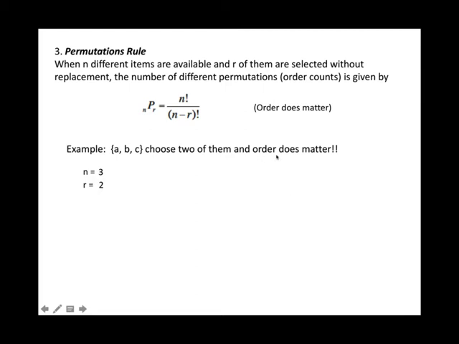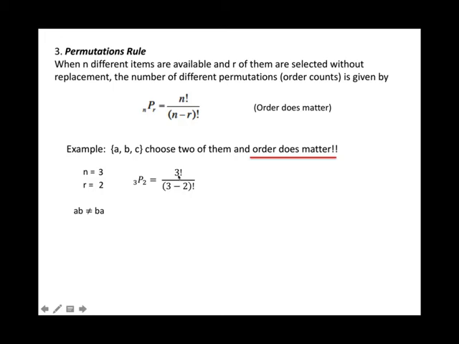Okay, and they say order doesn't matter. Order doesn't matter means AB does not equal BA. We could count this as 2 different ways. Since order doesn't matter, we're gonna use the permutation rule. That would be 3P2 here. You could plug into the formula and do the math.